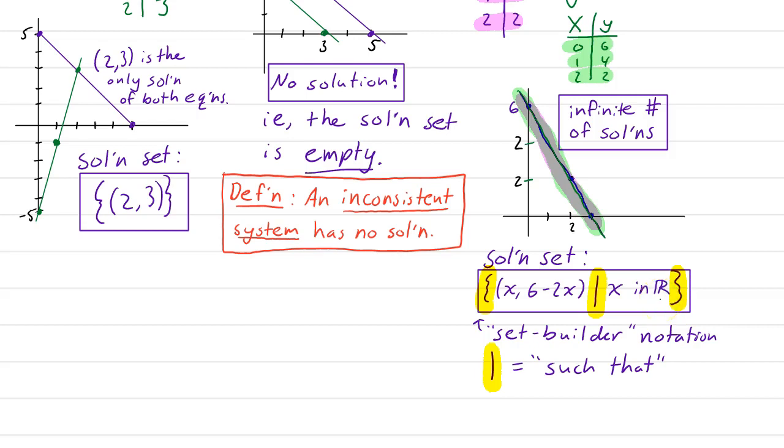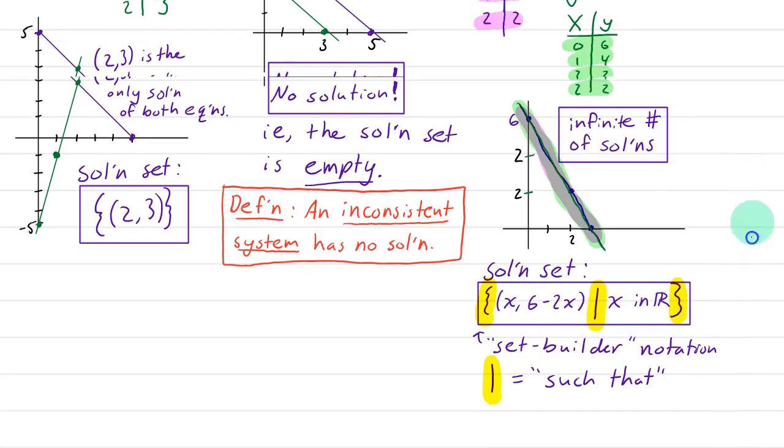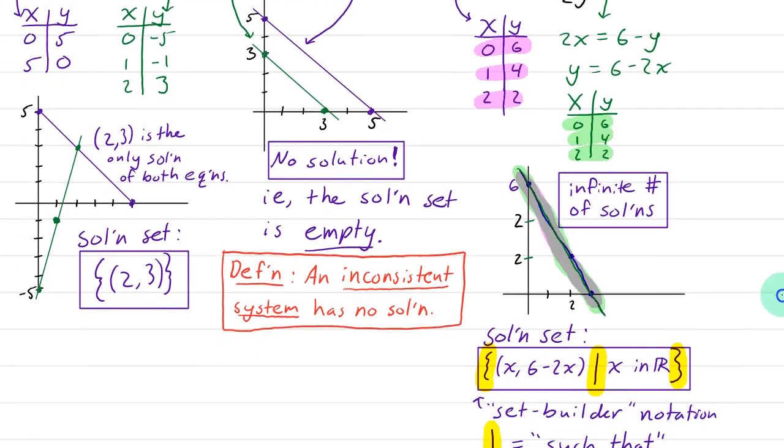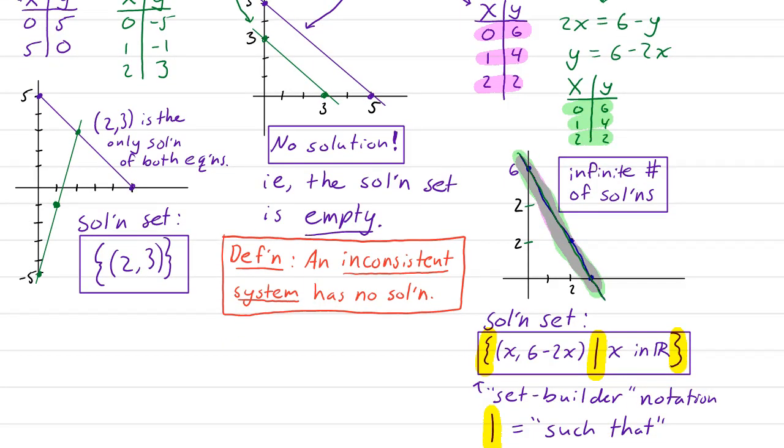That's a fancier, better way to answer the question. It's more specific than saying there's just an infinite number of solutions. When you just say there's an infinite number of solutions, what are they? Well, this is another way of describing what they are. It's basically saying the same thing as one of the original equations themselves. But that's an important way we're going to have to write things later on.